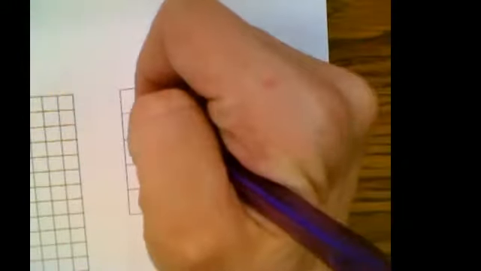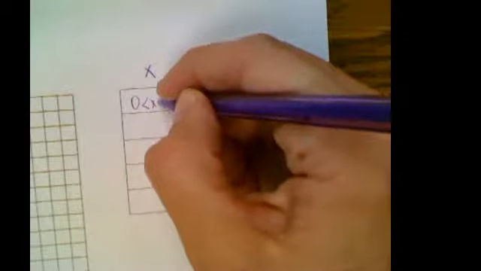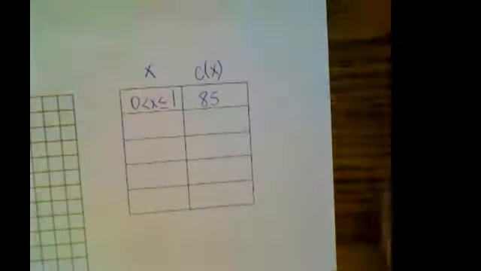So I'm going to look over here at my table and let's call this X. So if I go to the psychologist for 0 to 1 hour, so anything over 0 minutes, not including 0, because if you don't talk to them, they're not going to charge you, and up to 1, they're going to charge you $85, and that's going to be the cost dependent on how long you talk to the psychologist, X. Okay?